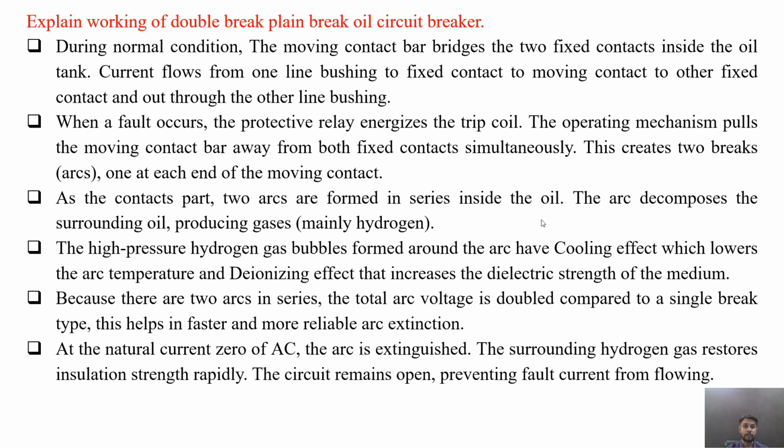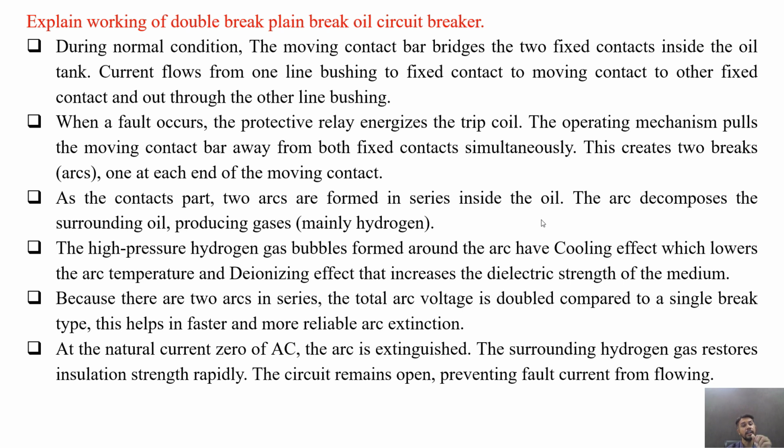Now as the contacts move apart, two arcs are formed in series inside the oil, and the arc decomposes the surrounding oil, producing gases, mainly hydrogen, methane and ethylene. The high pressure hydrogen gas bubbles form around the arc, having a cooling effect which lowers the arc temperature, and a deionizing effect that increases the dielectric strength of the medium, due to which the arc extinguishes quickly.